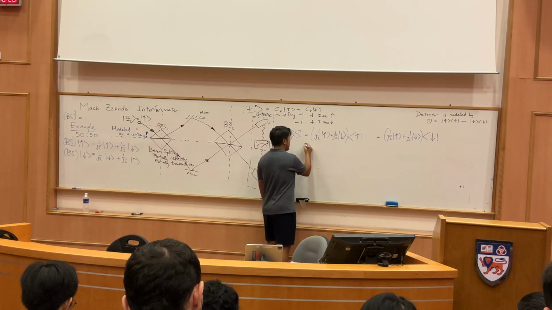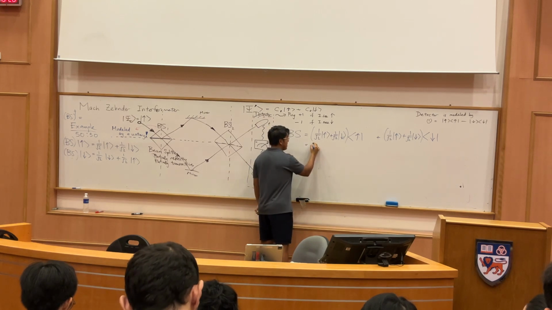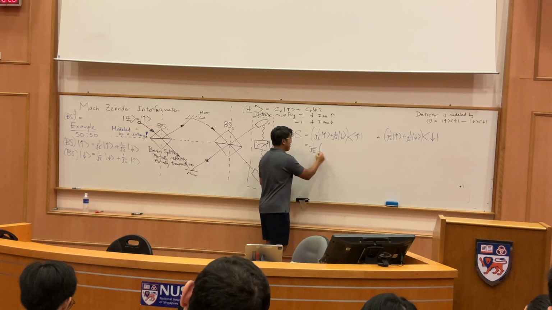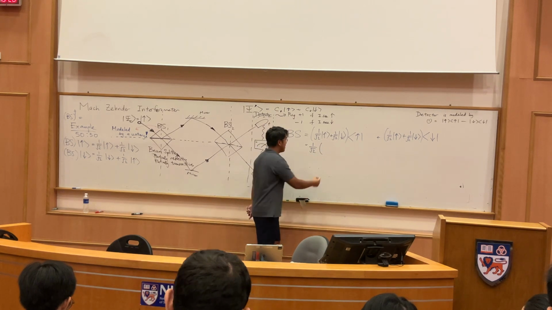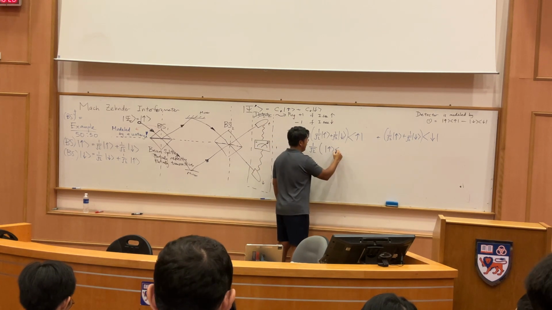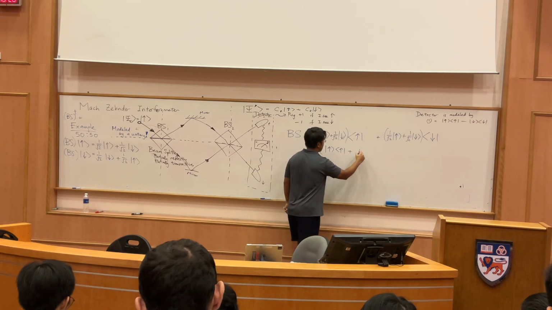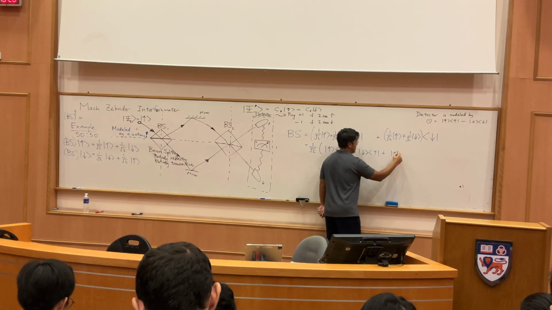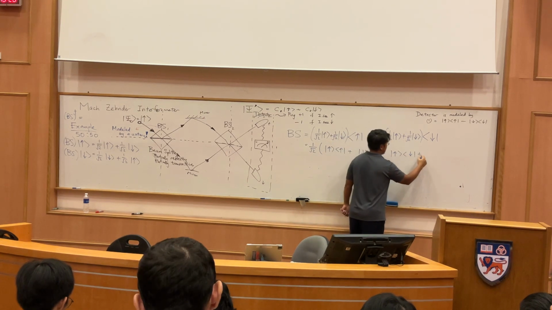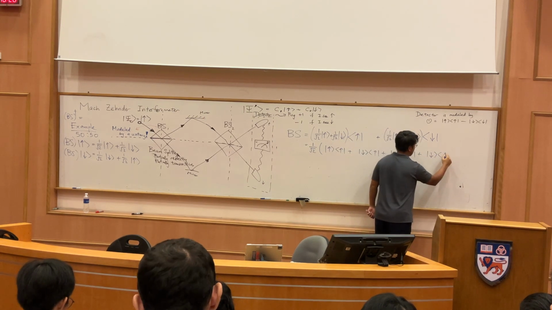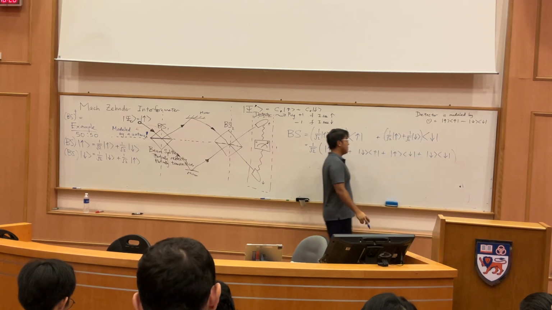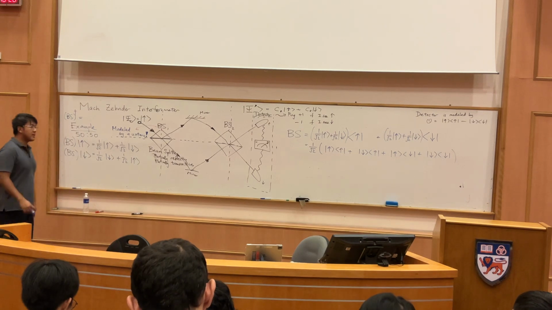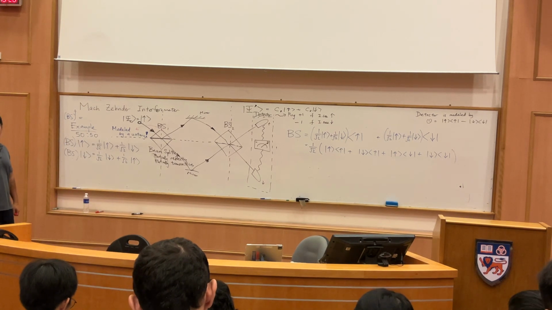Okay, and then if you want to do a bit more massaging, we can open everything up. The 1 over square root 2 is a common factor. We get up up, plus down up, plus up down, plus down down. That's equivalent, perfectly fine as well.